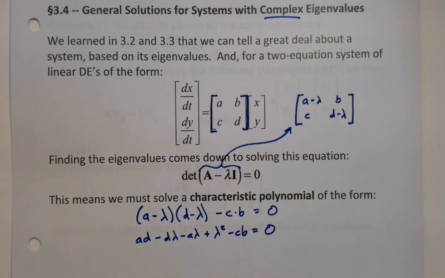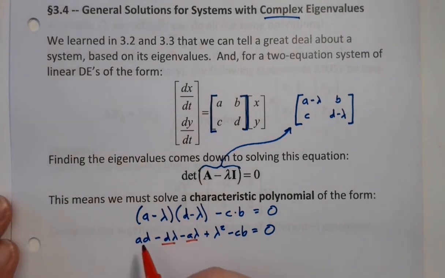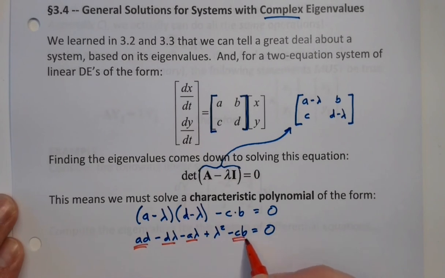And so what we're going to do is identify those terms that have a lambda with them. These guys right here, we're going to factor out a lambda. And these guys right here, since they have no lambda involved, are going to be our constant term, collectively.